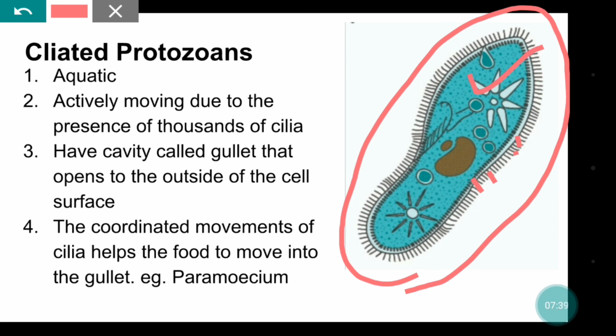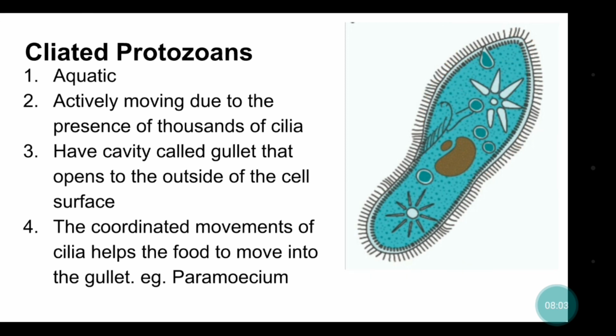Here you can see this portion, right? Through this opening, when these cilia move in a coordinated form, it will cause the food to move into this gullet, and this protozoan will engulf and eat that food.